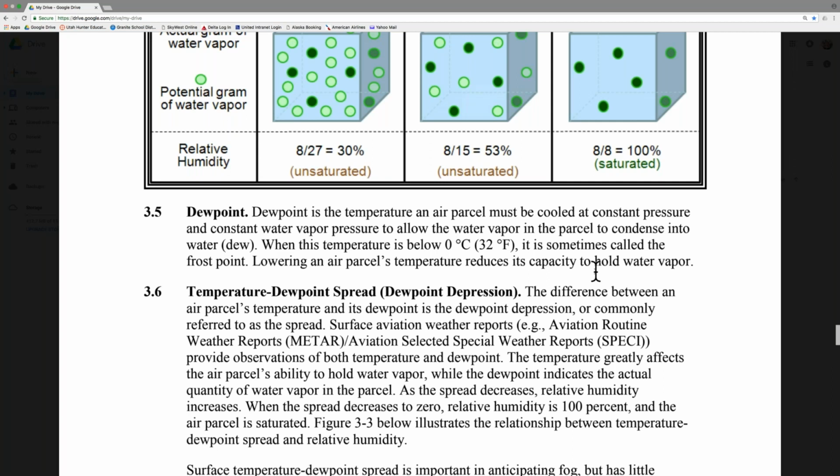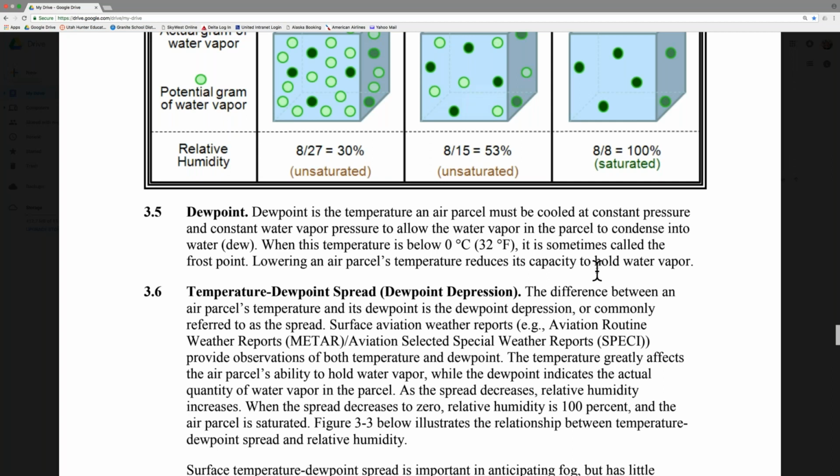So temperature dew point spread. The difference between an air parcel's temperature and its dew point is the dew point depression, or commonly referred to as the spread. So this is kind of an important subject here. Okay, in all of our METARs, we will always have the temperature and dew point spread.